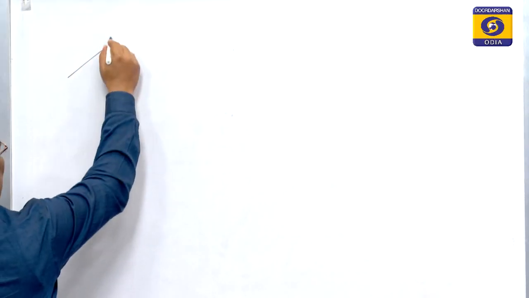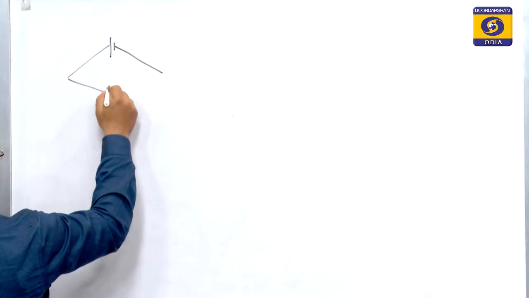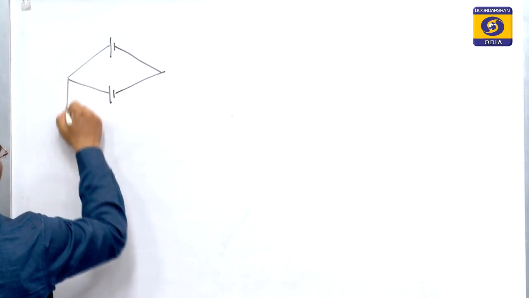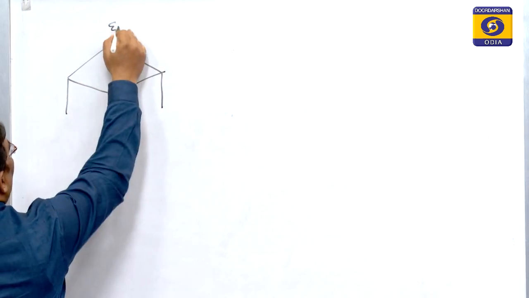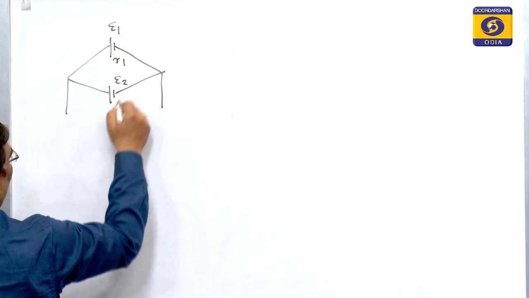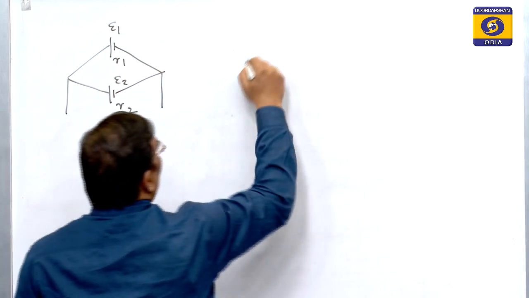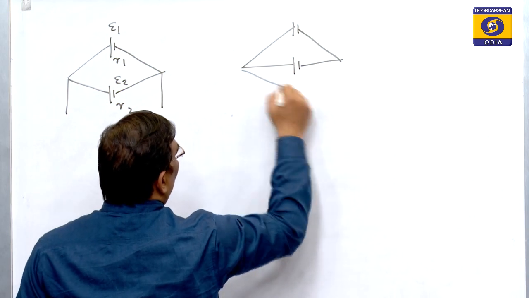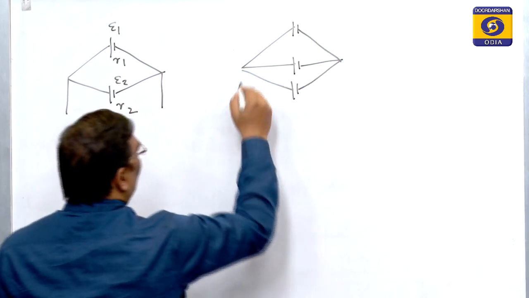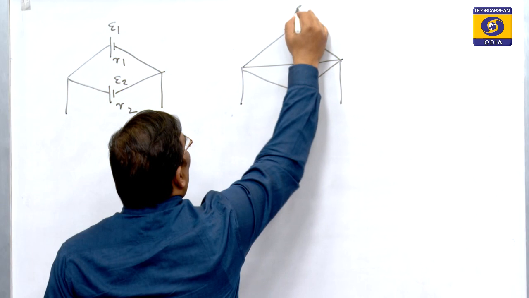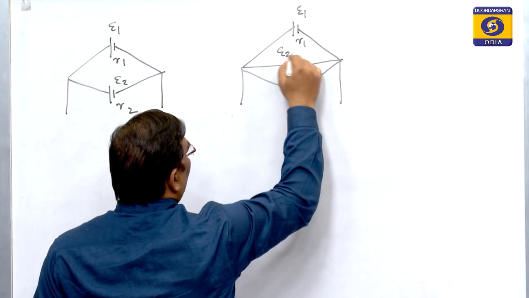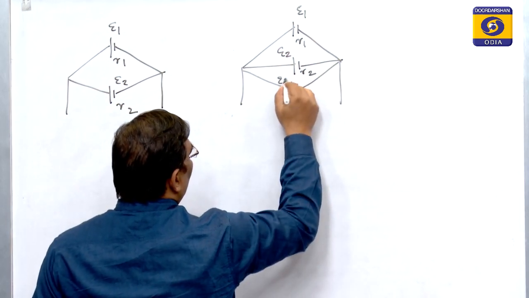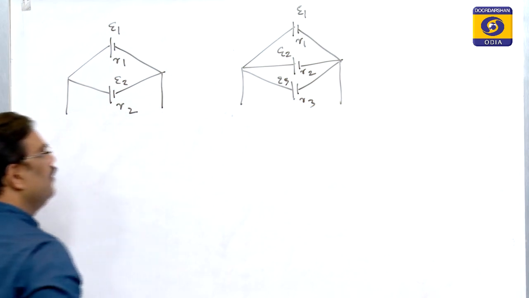So, very simple formula: two cells in parallel E1 R1, E2 R2; three cells E1 R1, E2 R2, E3 R3.